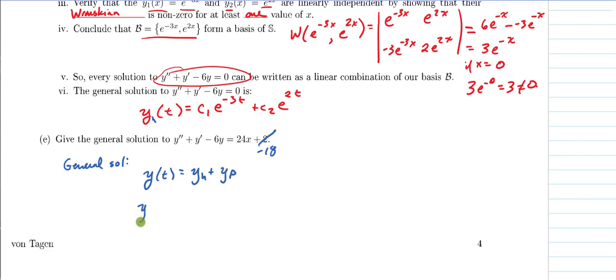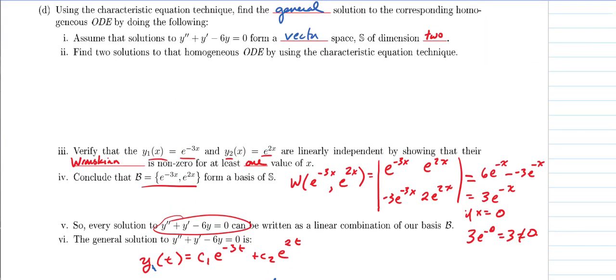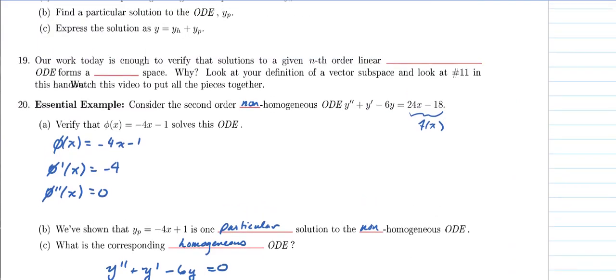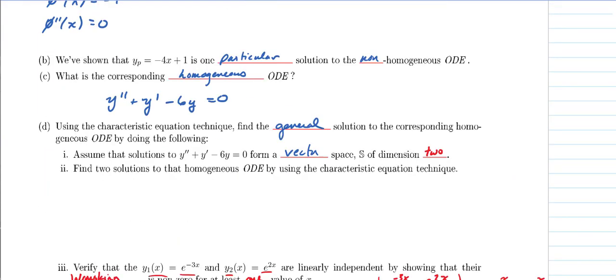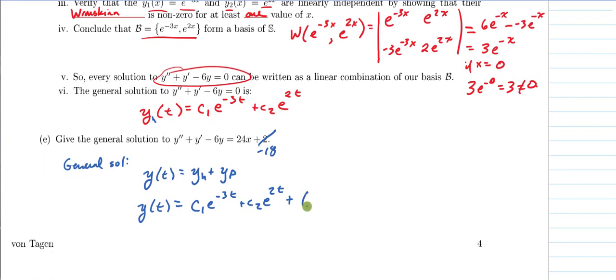So our general solution is y sub t equals c1 e to the minus 3x plus c2 e to the positive 2x, plus our one particular solution that we were given, phi of x, which is minus 4x minus 1.